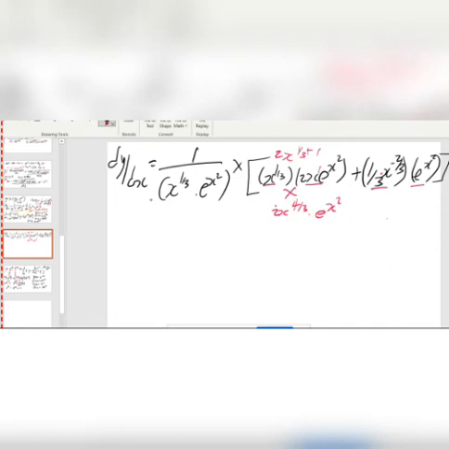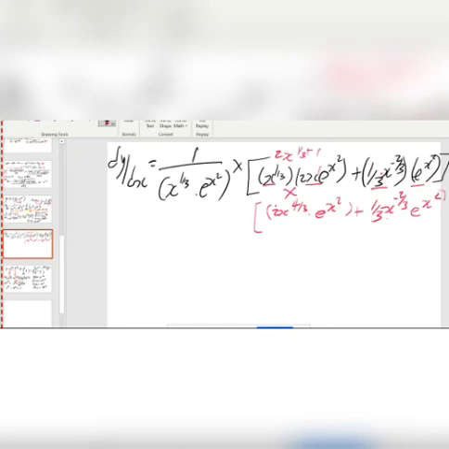Okay, then if you simplify this thing further, it's up to you guys whether you want to simplify it further. But if you do, one thing I can tell you guys, you'll get something like this. Let's say plus 1 over 3 x minus 2 over 3 and then e to the power x squared.